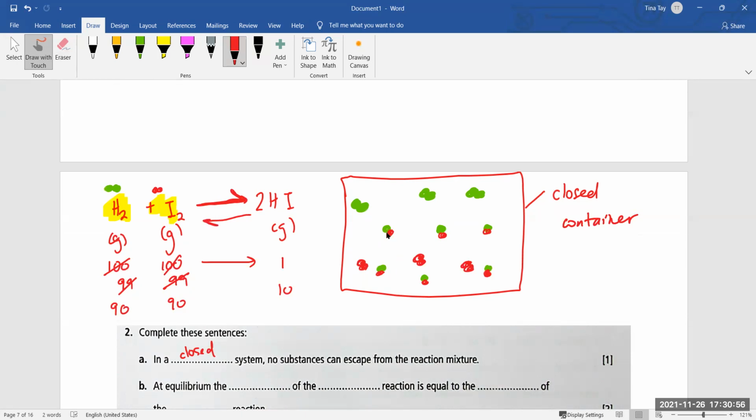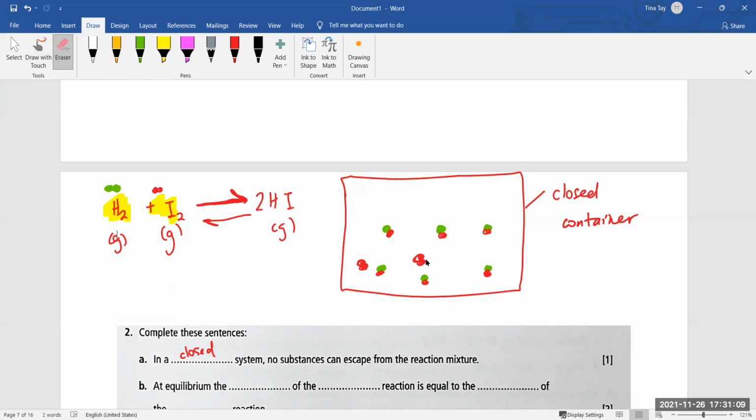So some of the hydrogen iodide decides to change back. It's not going to happen in such a way where all 100 of the hydrogen and iodine suddenly all disappear and all form hydrogen iodide. No, that's not going to happen because this reaction is reversible, meaning that after you form this, this will break apart again to form these two.